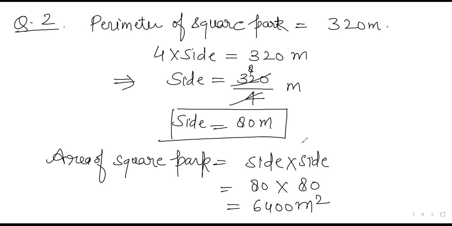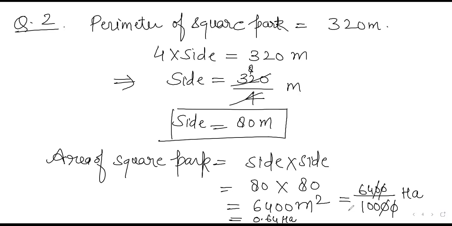Okay, so if you wish to convert this area into hectare, just divide 6400 by 10,000 hectare. So 2 zeros will get cancelled out. Now there will be 100 in the division and 64 in the numerator, so the answer in hectare is 0.64 hectare.